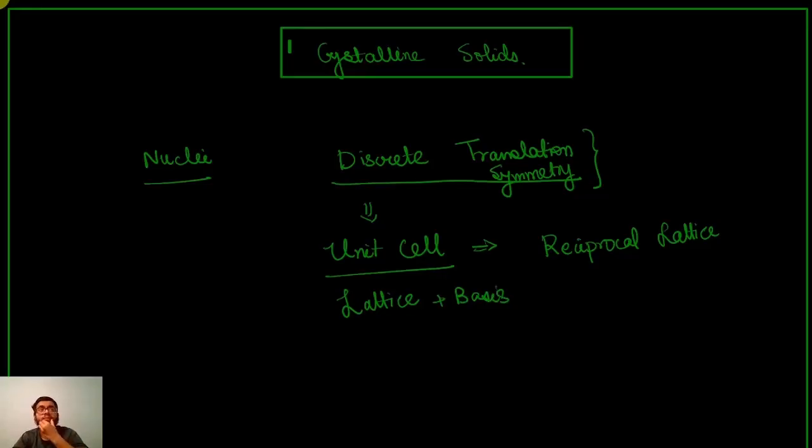And then we motivated the reciprocal lattice, because at least according to my experience when I was a student, I found that the reciprocal lattice concept was very ad hoc. I did not understand why we would need such a thing, because it's not something physical, it's a mathematical construct.